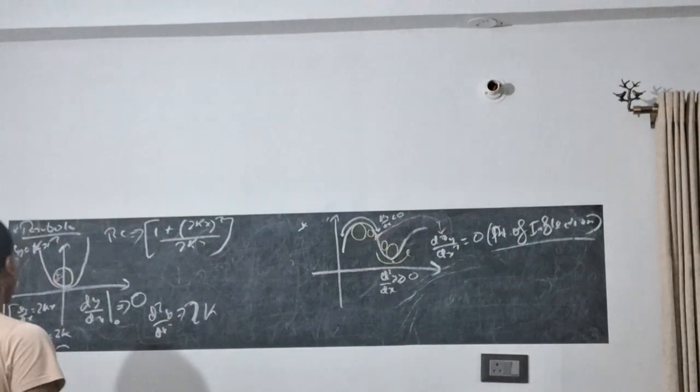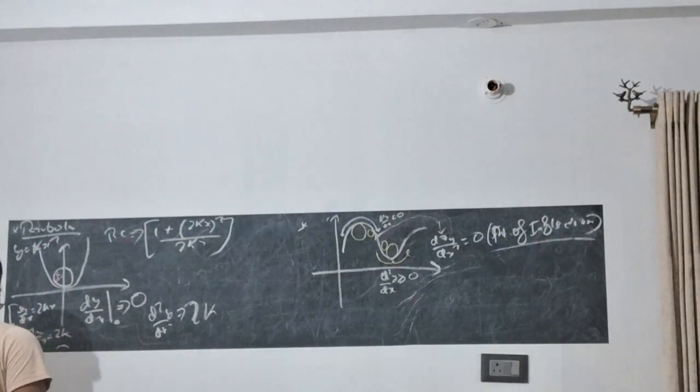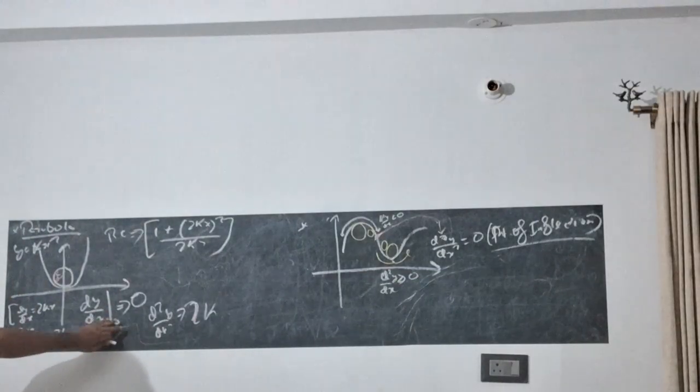You are wrong, my friend, because we need to remember the condition of maxima, local maxima, local minima, all that. There is a reason why we did dy by dx equal to 0.